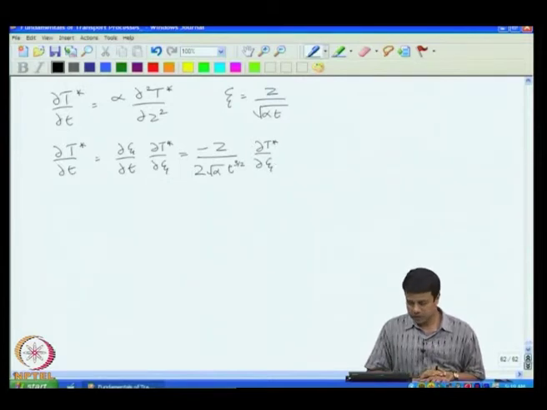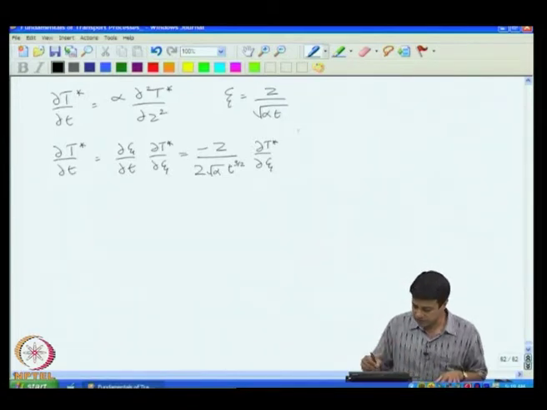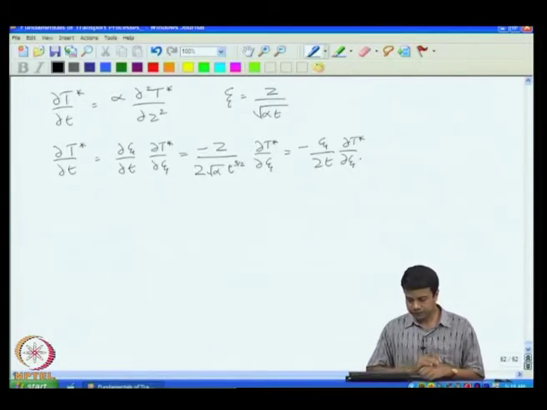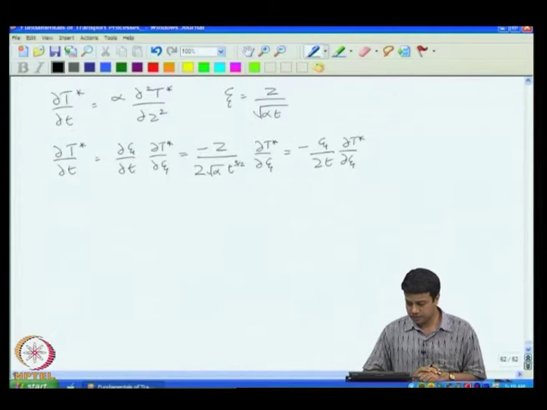Now, z by root alpha t is psi itself. Therefore, I can also write this as minus psi by 2t partial T star by partial psi, using chain rule for differentiation.